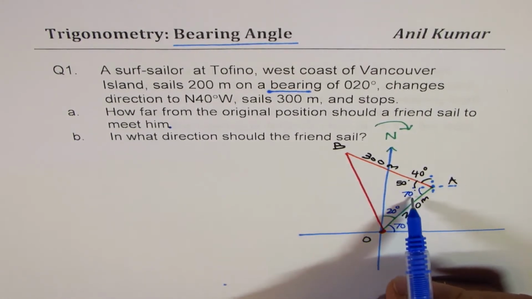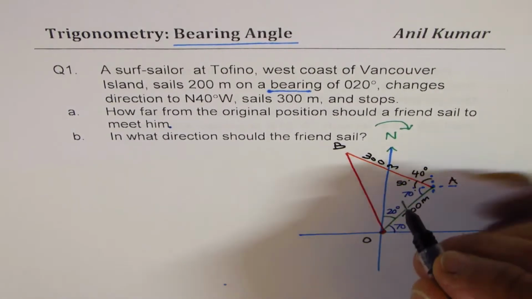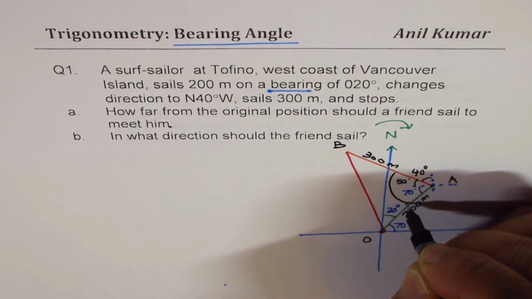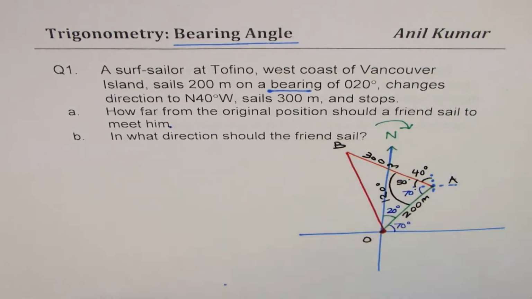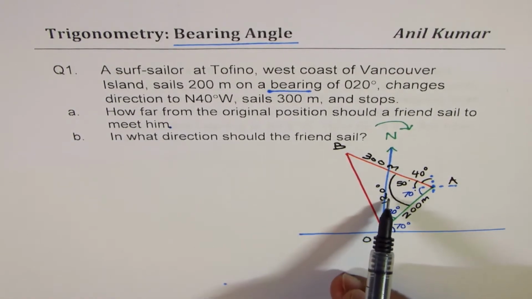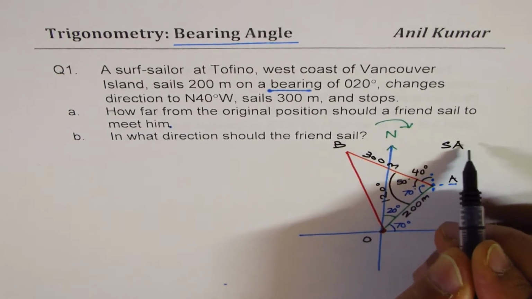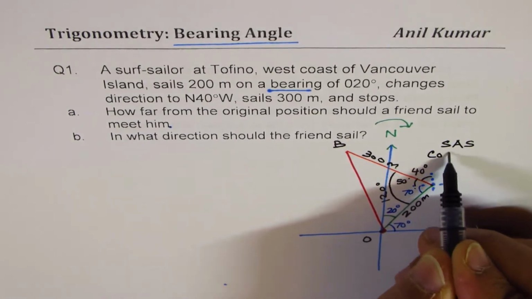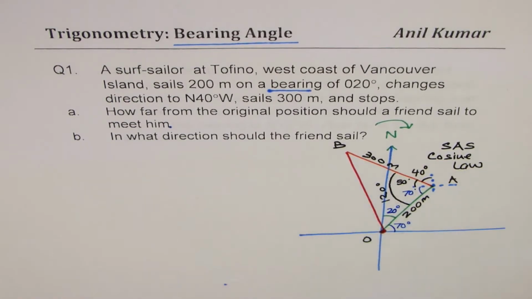So 50 plus 70 is 120 degrees. So let me write this angle here as 120 degrees. So we know 2 sides and the included angle, a case of side angle side, and therefore we can apply cosine law and find OB.